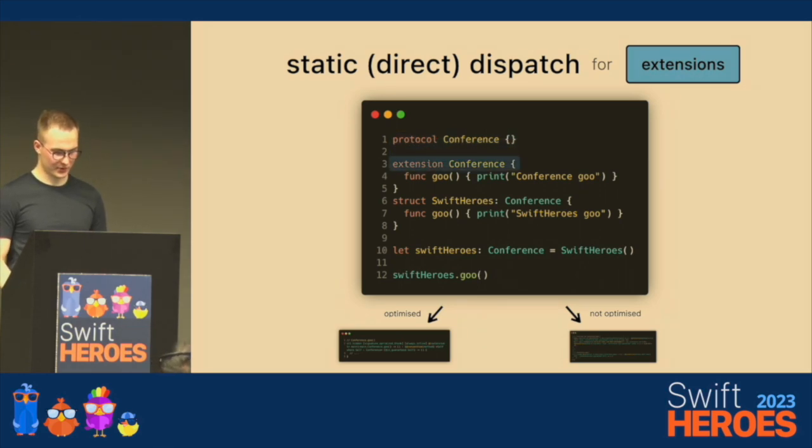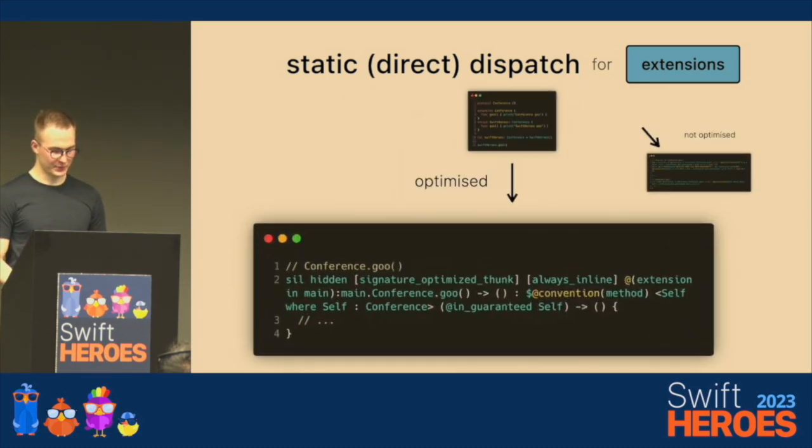Here we have a protocol called Conference, an extension to that protocol, and later a structure that conforms to the protocol Conference, and then a property with type Conference. So when we access it later, we are accessing it by the Conference type, not by the struct type, which is SwiftHeroes. The optimized version in this case looks as follows. There's a suggestion for the compiler, basically for the LLVM backend, to always inline this code.